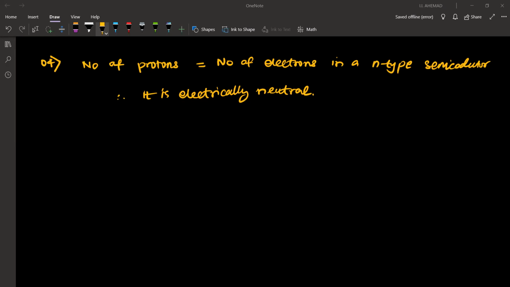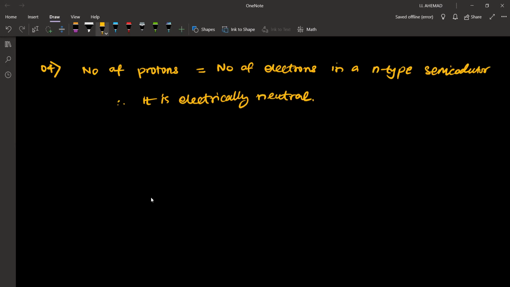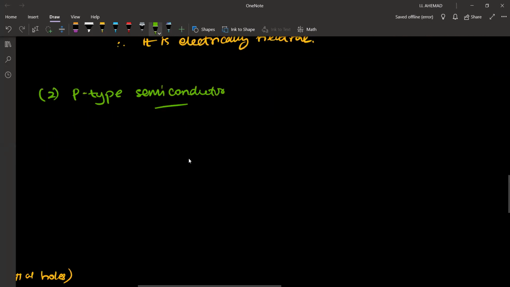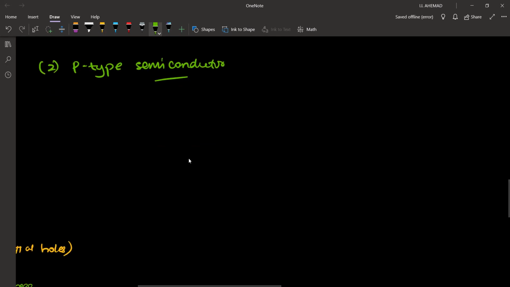So, second, P-type semiconductor. To make a P-type semiconductor, we will have to introduce a group 3 element. Group 3 element has only 3 valence electrons.